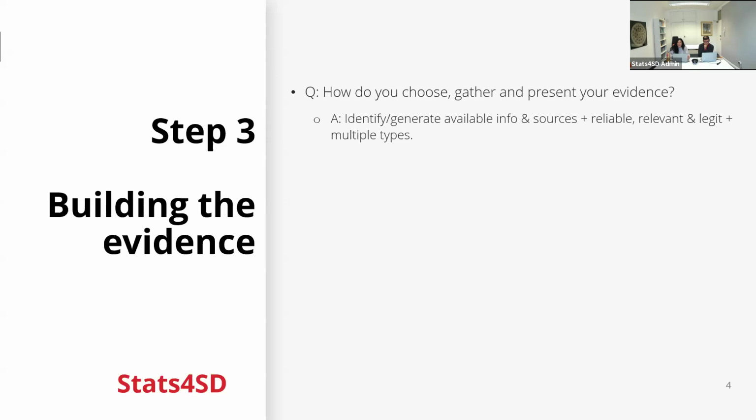So you just need to identify what specific information and the sources where you can gather it from. And then you have to make sure that this evidence that you want to present is reliable, it's relevant for your case, and it is legitimate. And it is also very helpful if you use multiple types.